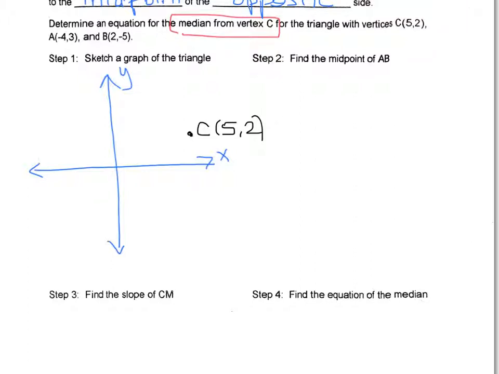If this over here is positive 5, I don't want to go as far as negative 5, so I'm going to sketch approximately at negative 4 and positive 3, which should be higher up than the 2 I already drew. (-4, 3) is point A. And finally, (2, -5). I'm going to make my 2 approximately the same length as this 2 right there. So (2, -5) would be down there. So point B, and I've labeled the coordinates.